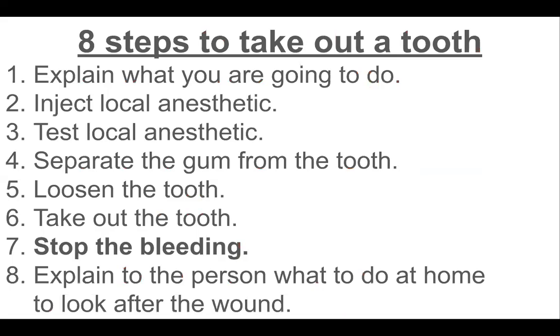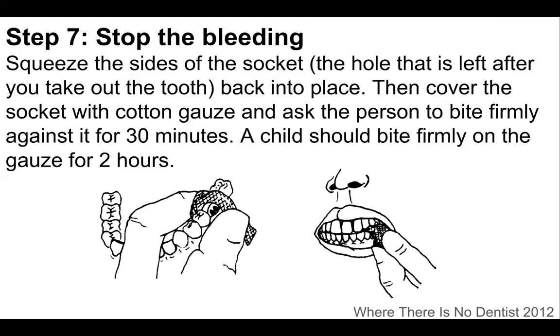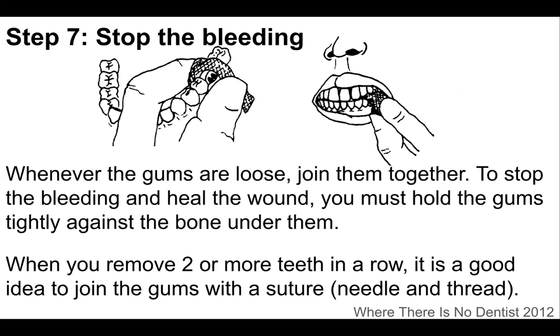After that, we need to stop the bleeding by squeezing the sides of the socket and then cover the socket with a cotton gauze and compress. Ask the patient to bite firmly for 30 minutes. A child should bite firmly on the gauze for 2 hours.